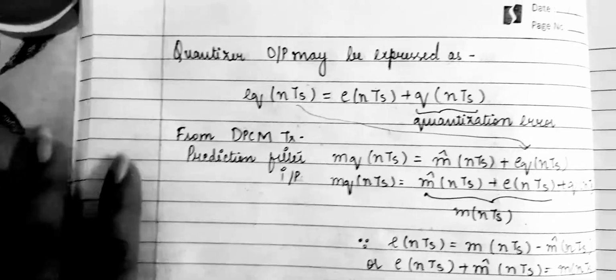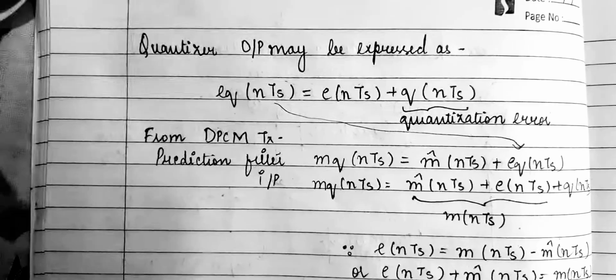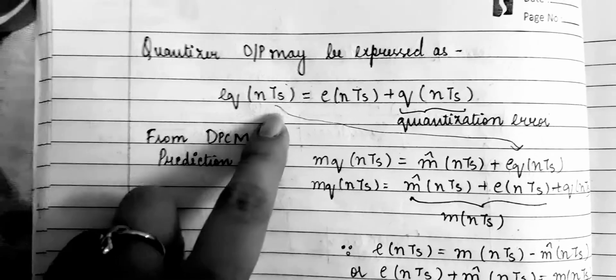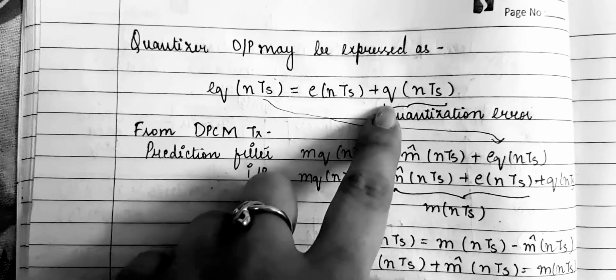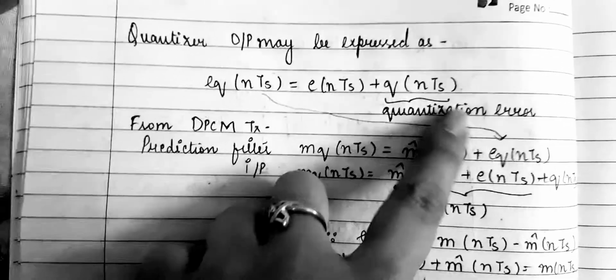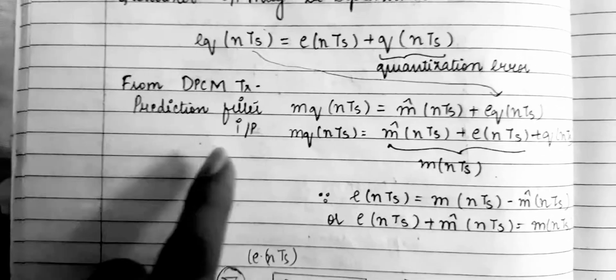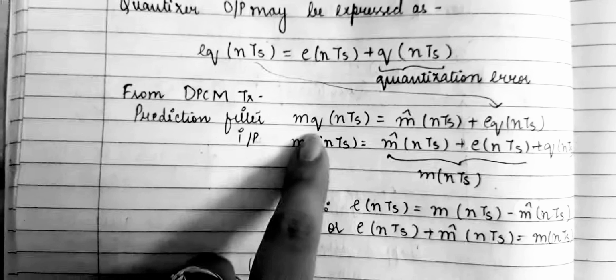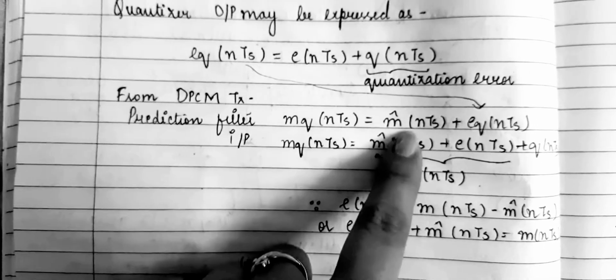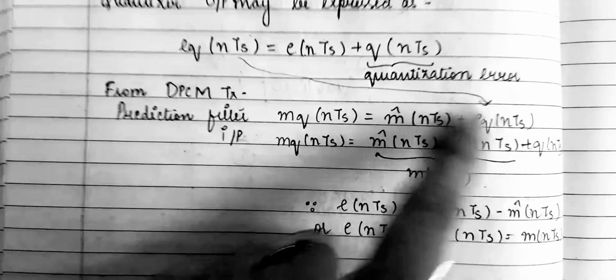Now here the quantizer output can be expressed as eq(nTs) equals e(nTs) plus q(nTs), where q(nTs) is the quantization error. So at the DPCM transmitter side, we get mq(nTs) equals m-cap(nTs) plus eq(nTs).